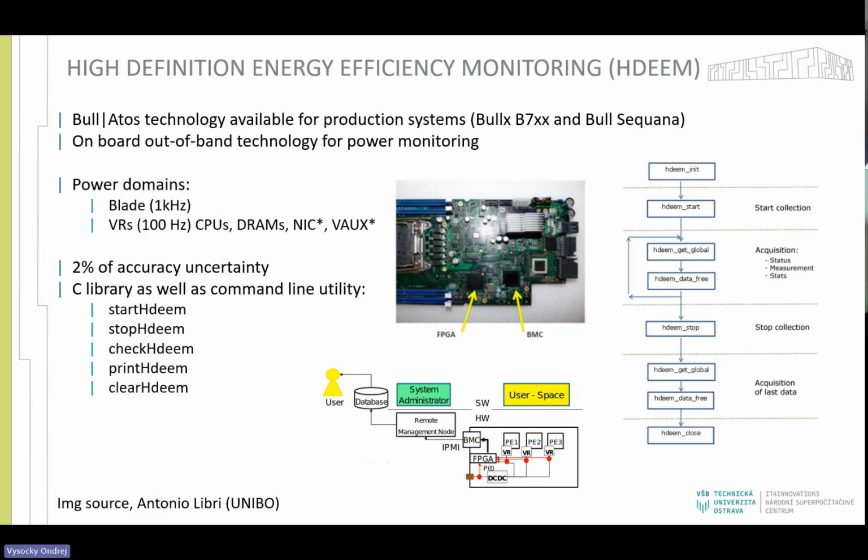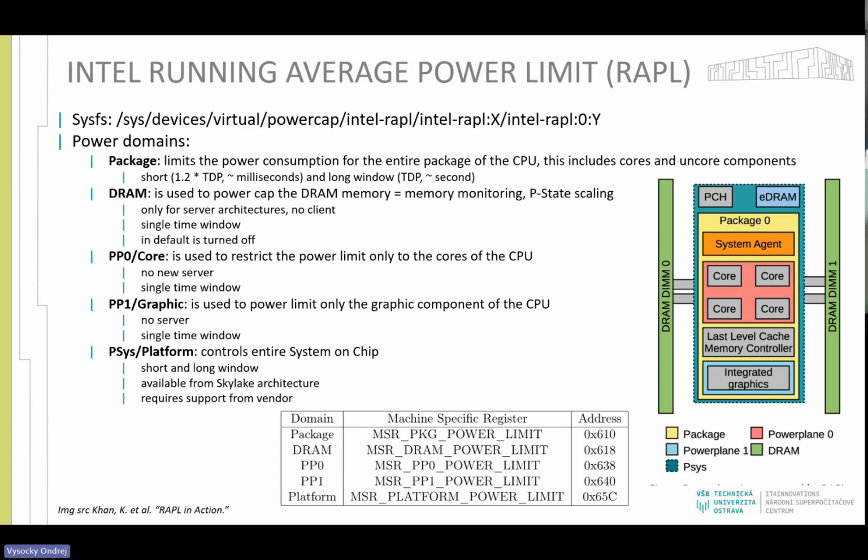Or then we can go to in-band solution, which is most well known, is the interface that is available on Intel CPUs from Sandy Bridge, if I'm right. So it's Intel RAPL, Running Average Power Limit.